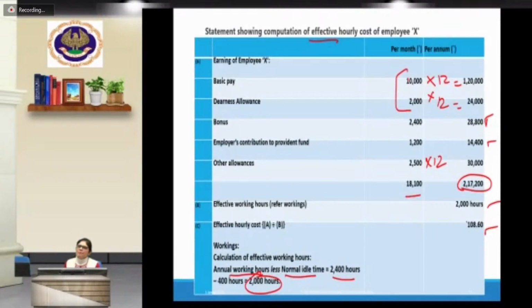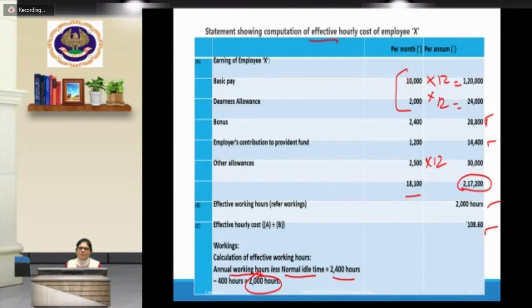Abnormal idle time will go to the profit or loss account. But normal idle time or normal loss, in whichever way it's a loss, if it's normal, it is part of production cost, and the good units or the productive hours will cover the cost of that element of cost. So normal idle time or normal loss will always be covered by the good units or the productive hours.